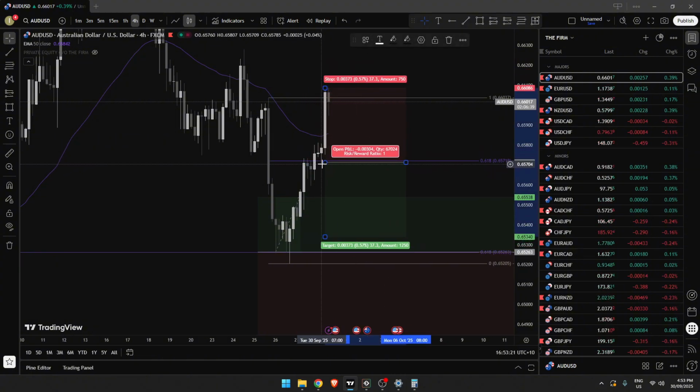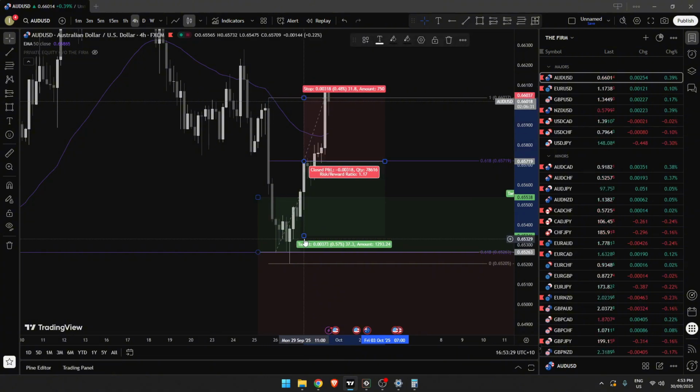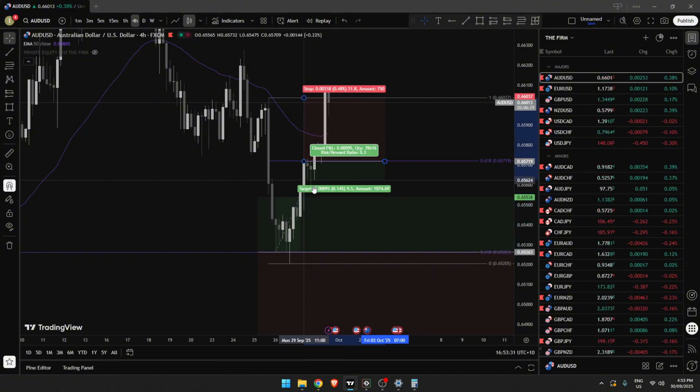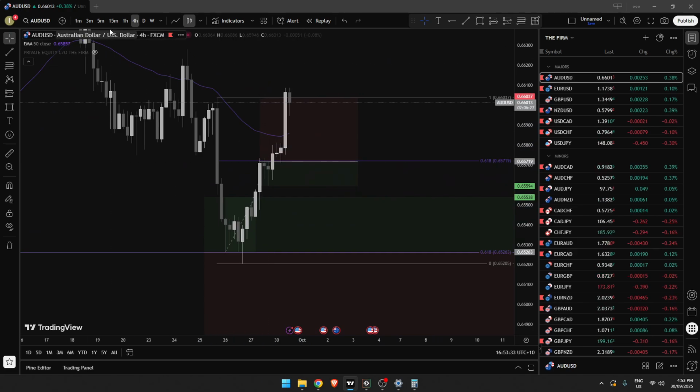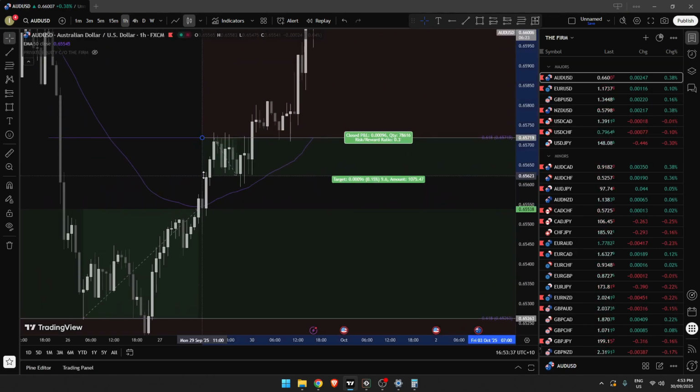Let's see here, if it's hit or if it's a stop loss. Yep, this one just hit as well. So 0.25. Perfect.